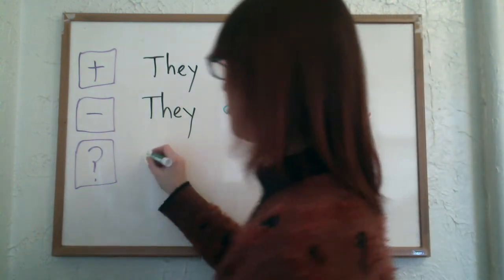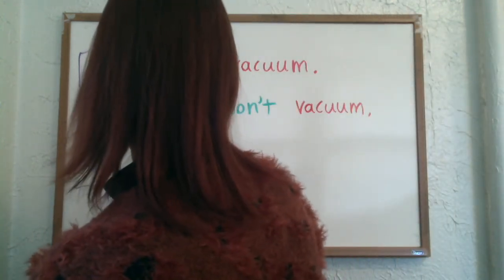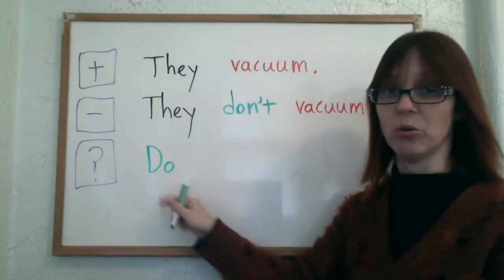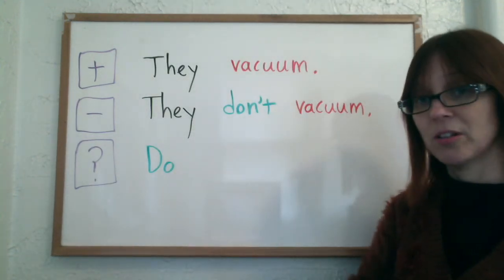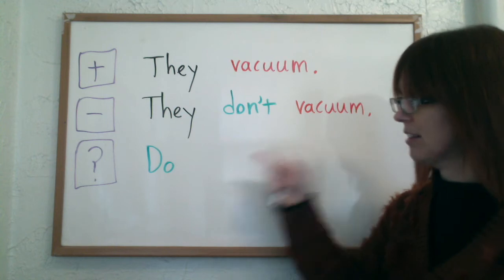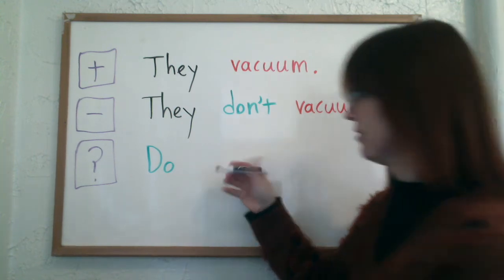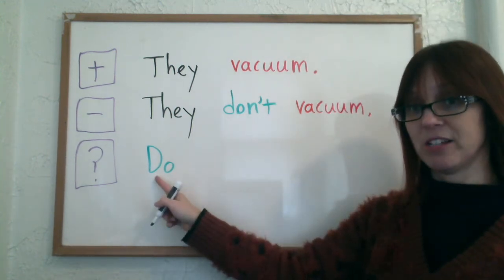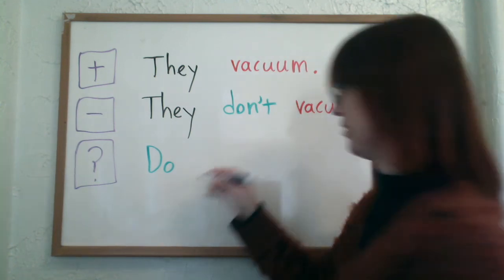Do, capital D, small o. They, now it's a small t because the beginning of the sentence is here with a capital letter.